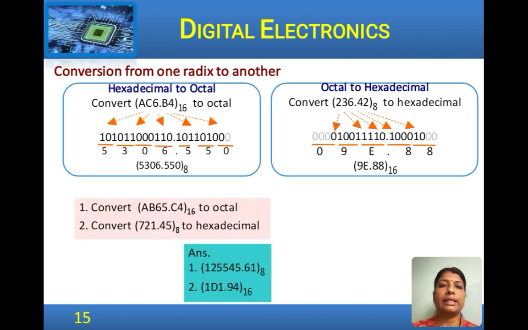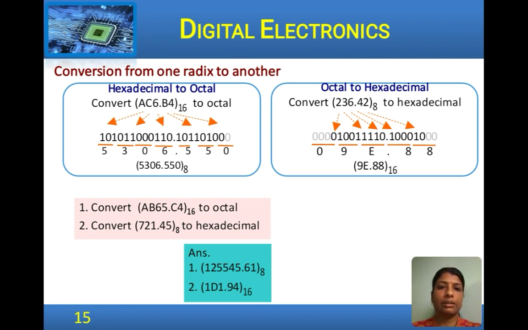Now for converting hexadecimal to octal or octal to hexadecimal, the normal procedure would be to convert hexadecimal to decimal and decimal to octal, but instead we can convert hexadecimal to binary and binary to octal, which would be much easier. So, in the hexadecimal to octal example given, the hexadecimal number is converted to a binary number by representing each hexadecimal digit using 4 bits.